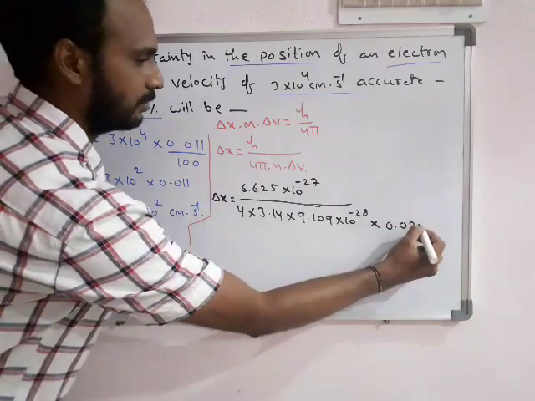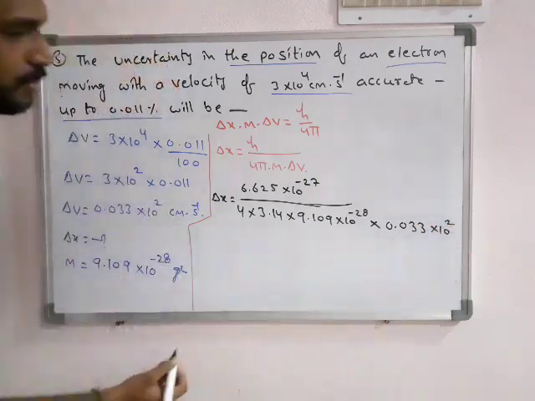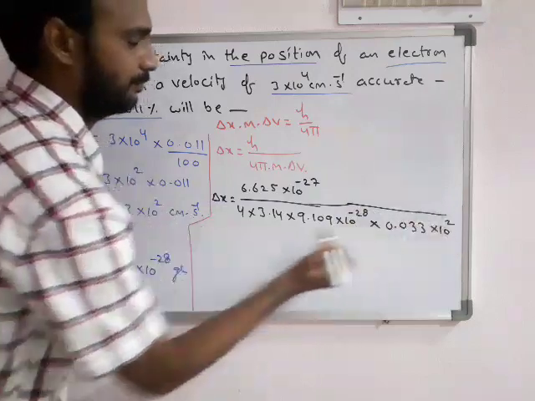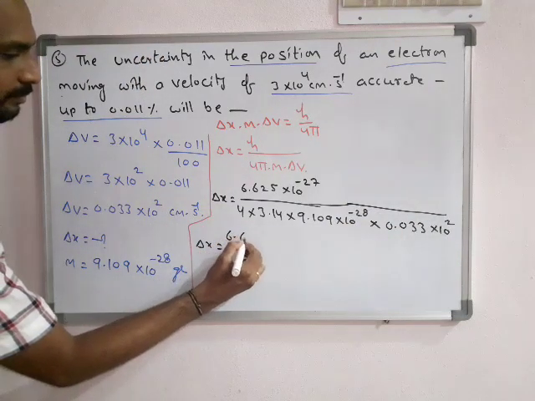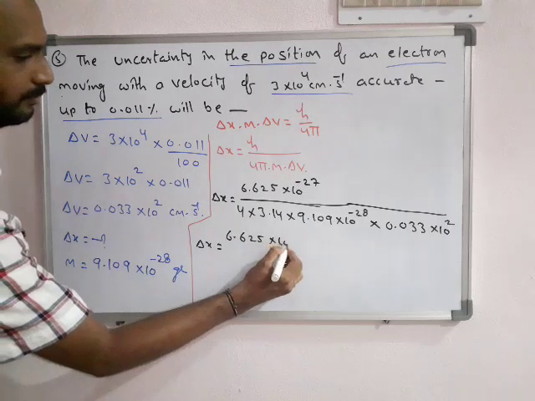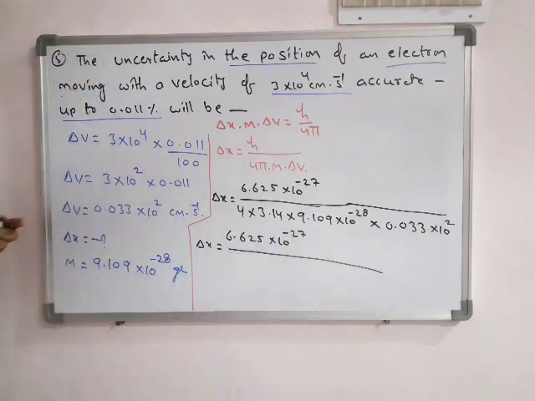0.0, that is 10 square. Okay. And here important again the calculation.